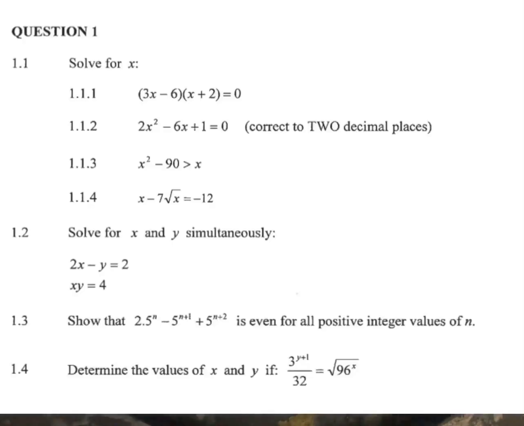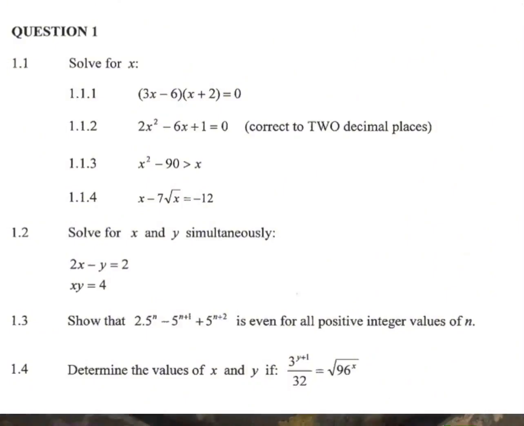The next question is question 1.3. We are having 2 multiplied by 5 to the power n minus 5 to the power n plus 1 plus 5 to the power n plus 2.